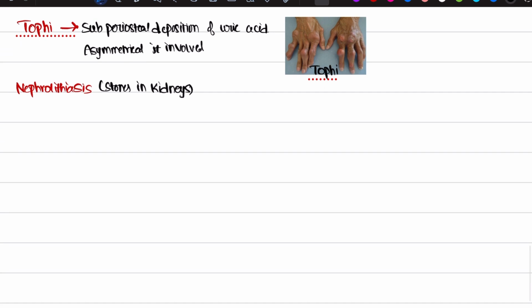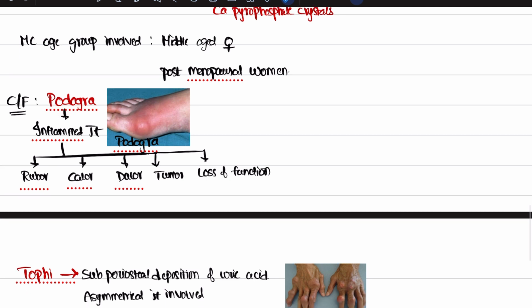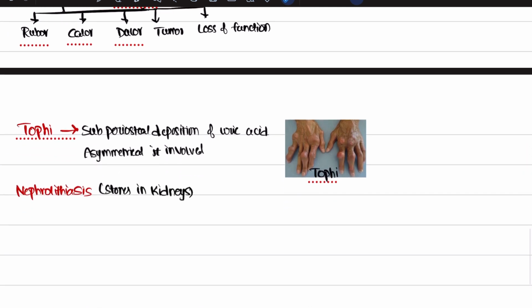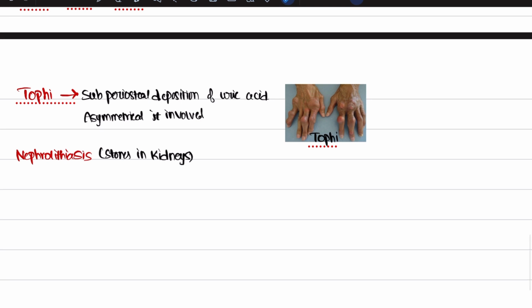So, regarding the clinical features, when the patient comes to the clinic, she will show you this kind of inflammation here. This is known as podagra, and if the disease progresses, she will also show you ball-like structures in her hand, and some ladies will complain about nephrolithiasis, stones in the kidneys.